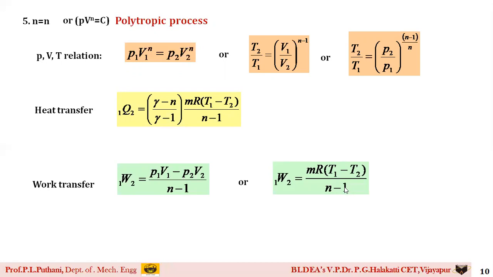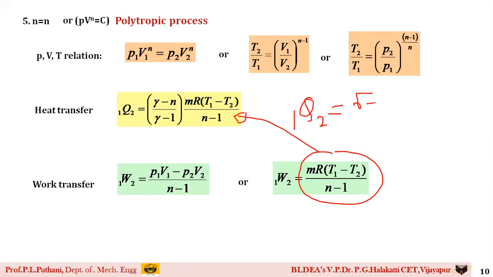So there is a very easy method to remember the heat transfer equation, students. If you observe very carefully, what is this MR into T1 minus T2 by n minus 1? It is this particular form. So can I write this heat transfer equation as Q12 is equal to gamma minus n by gamma minus 1 of the work transfer for a polytropic process?